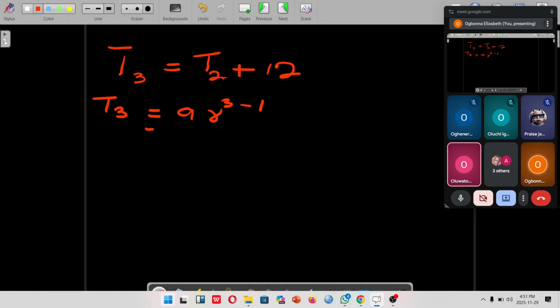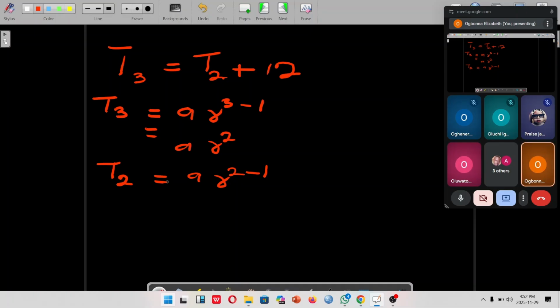And this is still the same thing as A R raised to power 2. Is it clear now? Yes, ma. Then I want to get T2. My T2 is what? A R raised to 2 minus 1, Abi? Because what we're using here is Tn is equal to A R raised to n minus 1.